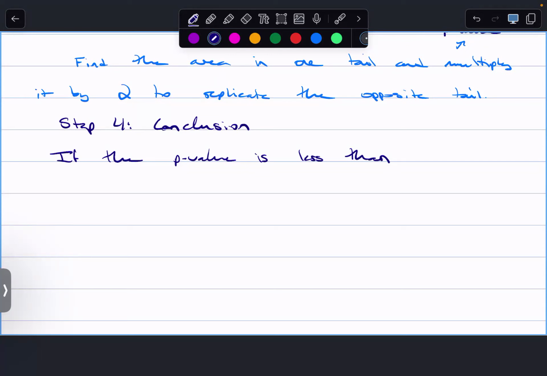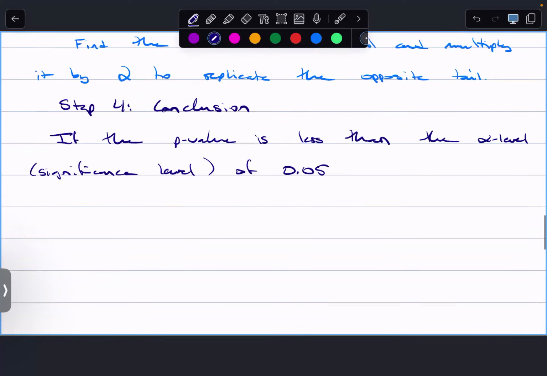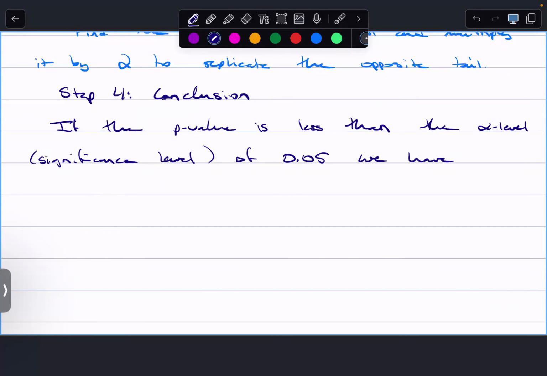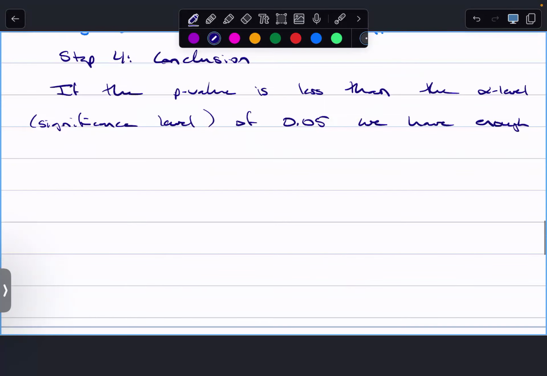So if the p-value is less than the alpha level, which is the significance level of 0.05 or 5% if you prefer, we have enough evidence to reject H naught. And then of course, the flip side of that would be if the p-value is not less than the alpha level, then we do not have enough evidence to reject H naught.